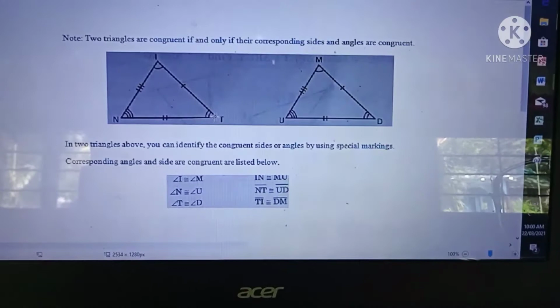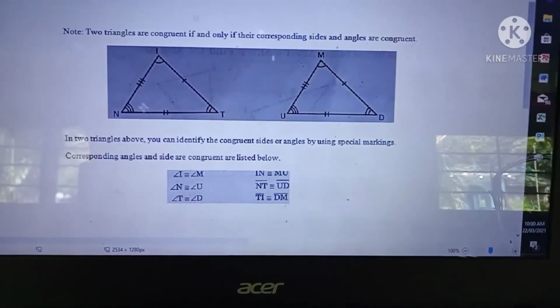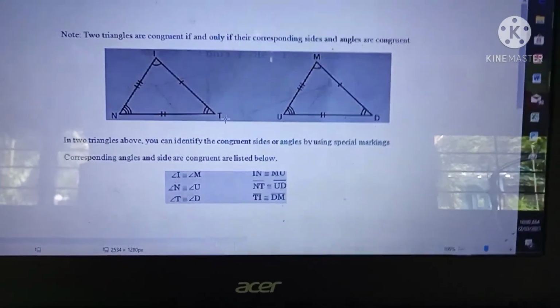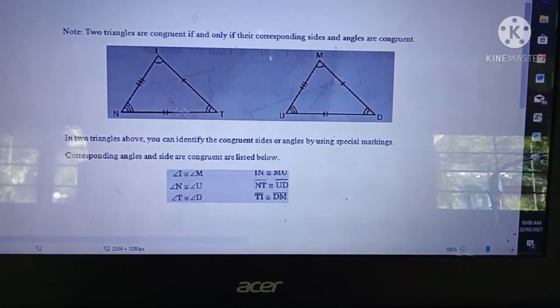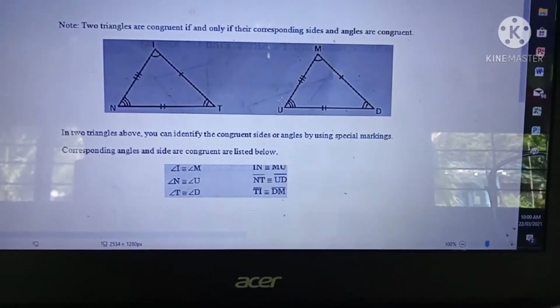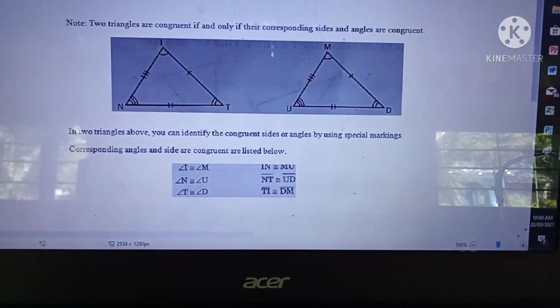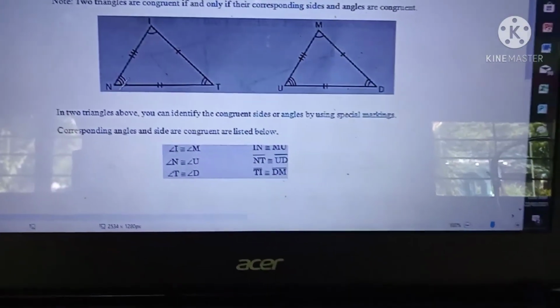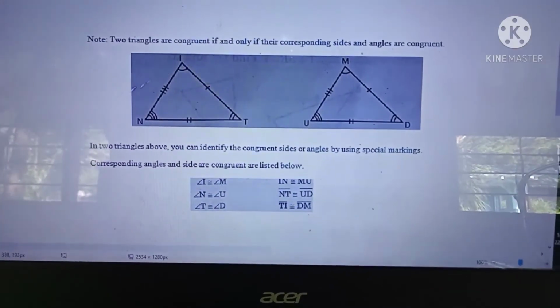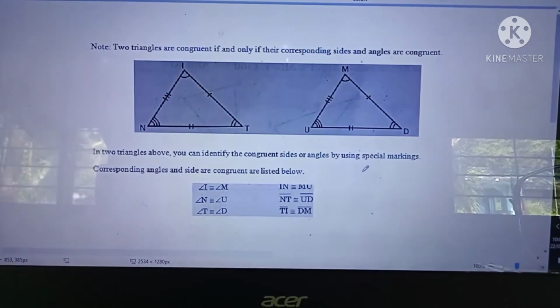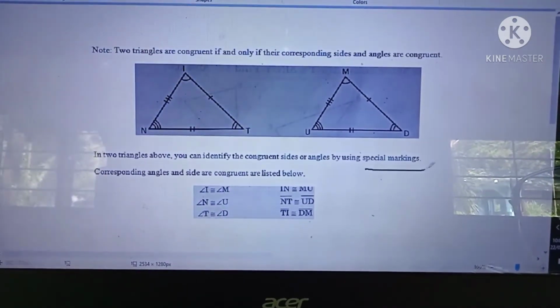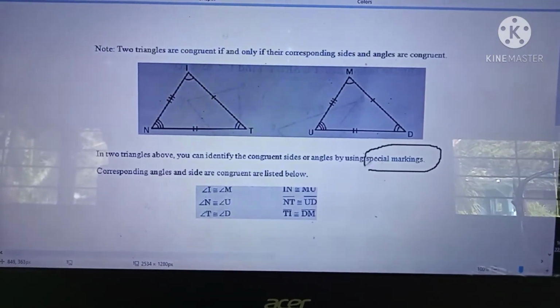Okay, so let us use these two triangles as an example. Okay, so we can name this one as triangle INT and triangle MUD. Okay, so in two triangles above, you can identify congruent parts using special markings.